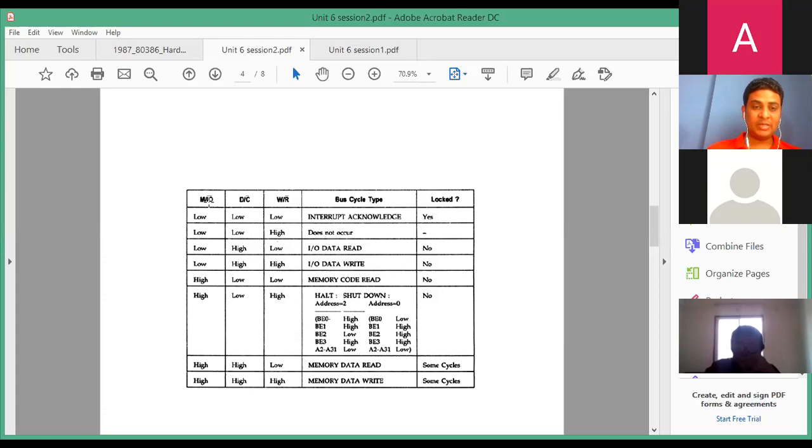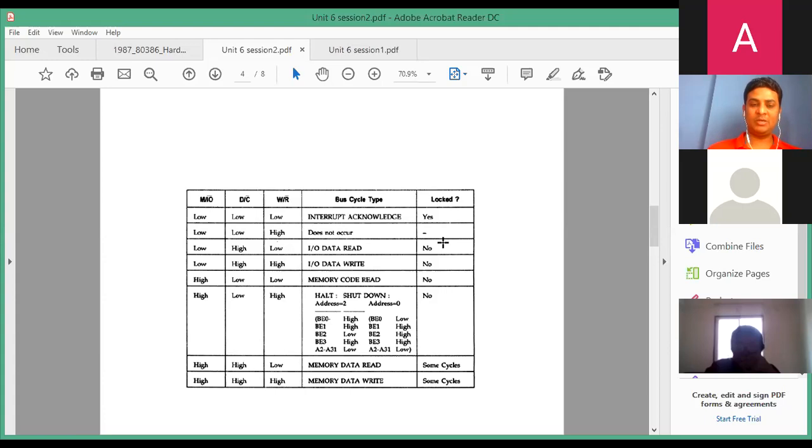So the pins which are responsible for these operations are memory IO, data or control, read or write. Do you remember the lock pin? A lock pin is used to lock the bus whenever there is, sorry, we can't call it synchronized, we will call it contention for the bus, or bus arbitration.